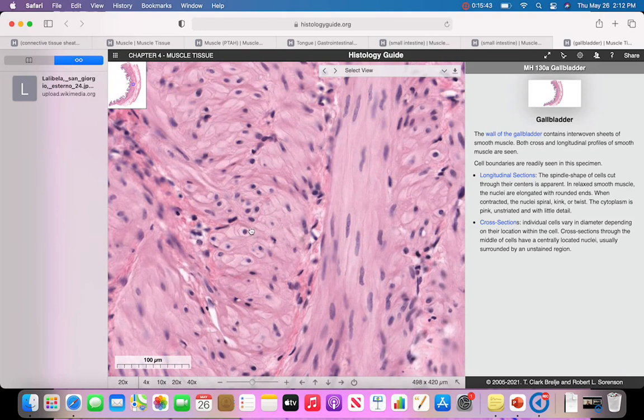And here clearly we can see the cell border, and we can see the centrally located nucleus and the cytoplasm. And here some of the nuclei are wiggly, or they look like a worm. So this muscle is in a contraction state. That's why the nuclei are wiggly.